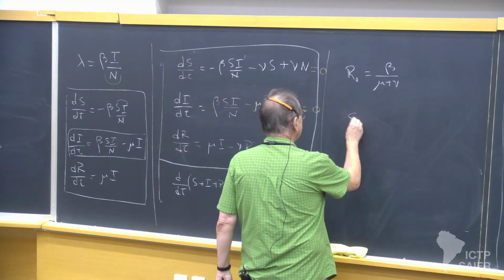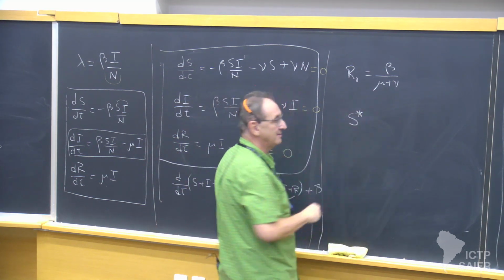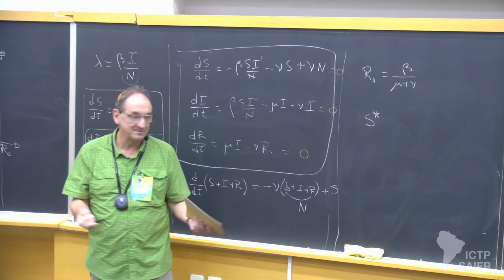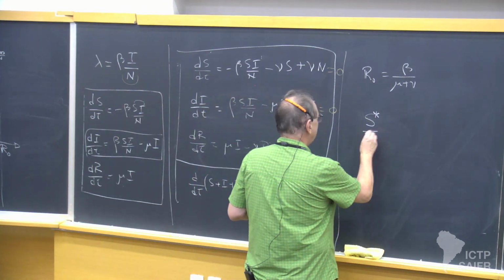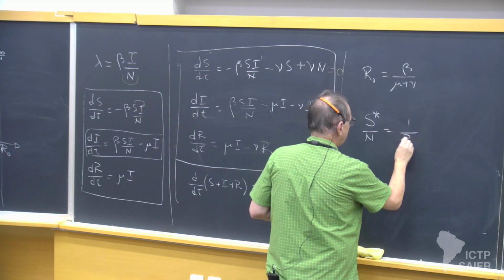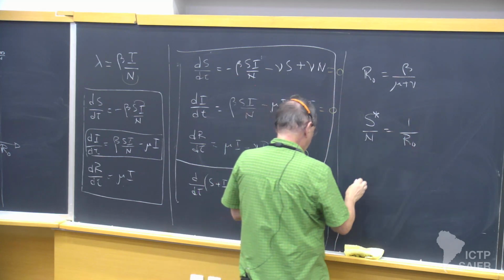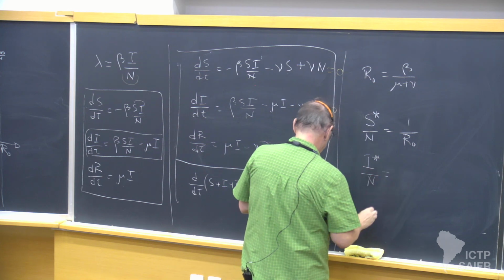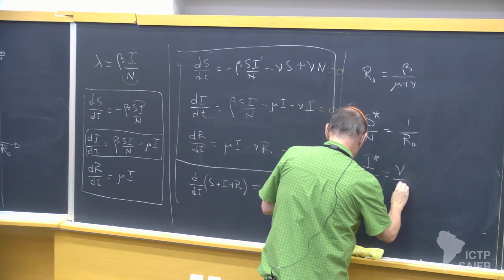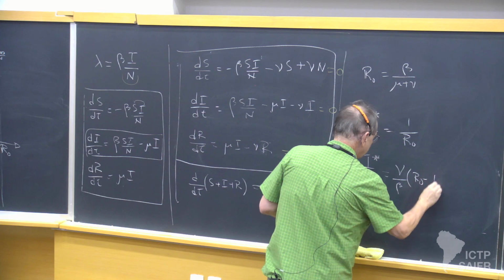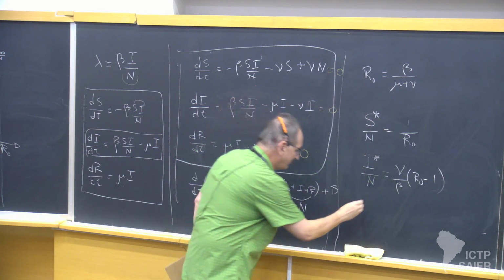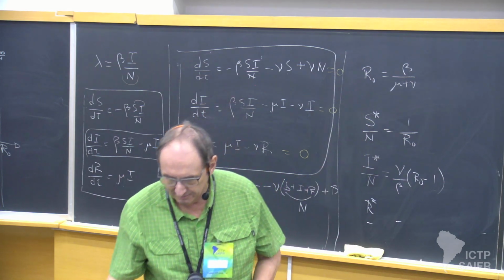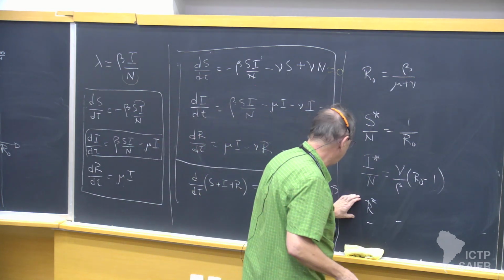And I will put a little star here to say that this is the equilibrium value of the number of susceptibles, which will be like this. And the number of infected in equilibrium will be something which will be nu over beta times R0 minus 1. And the R has also an expression. It's a little bit bigger expression. I'm not interested in that.